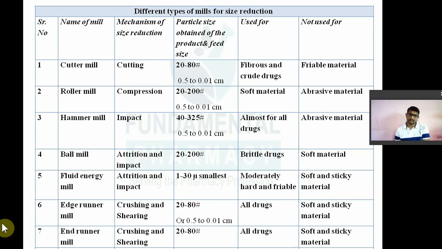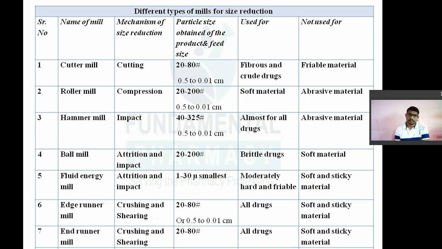Again, edge runner mill. In the edge runner mill, crushing and shearing is the mechanism for size reduction. Crushing मतलब क्या कि क्रश जैसे होता है ना कि दो, एक स्टेशनरी सरफेस एक मूविंग सरफेस है, दोनों के बीच में क्रश करना है मटेरियल को, that is crushing. And shearing मतलब that is shearing is also a mechanism. Okay?